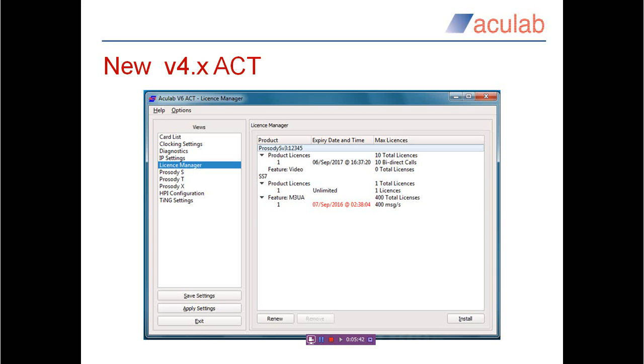Here's a screenshot of the new version 4 ACT, which is used with our new licensing mechanism. You can see there the license at the bottom is a timed license, and it's gone red, so it's within its renewal period, so it's within 28 days if it's a 1 year, and that will need renewing.